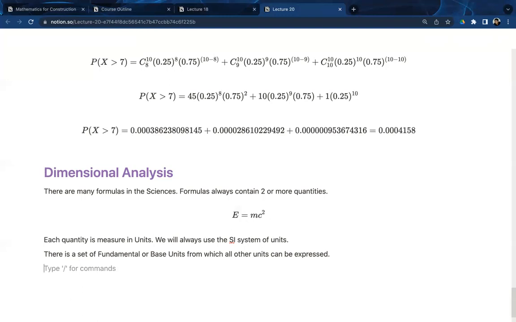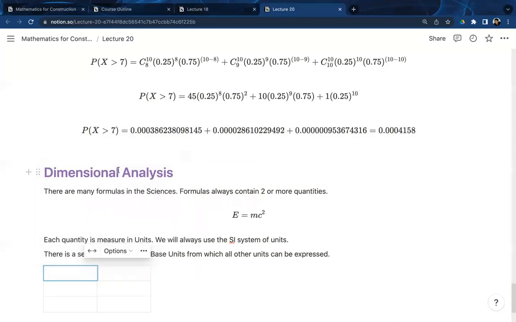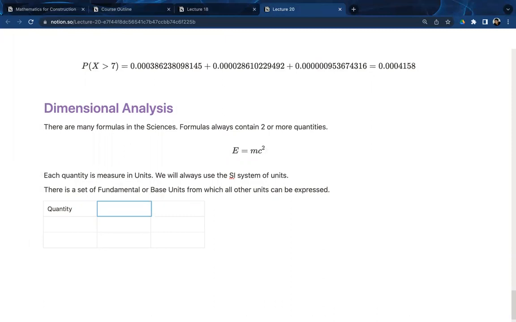But based on how easy they are to measure, the choice was made. So we do a table here. We could say, okay, we have quantity, you have a unit name, and we have the symbol, right?